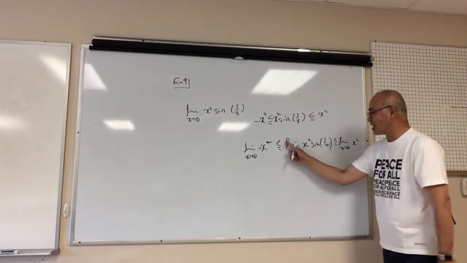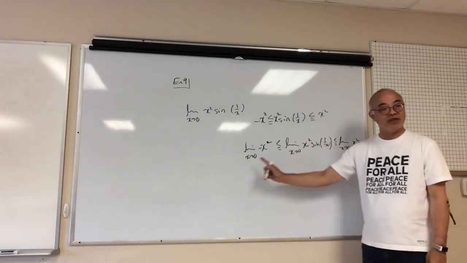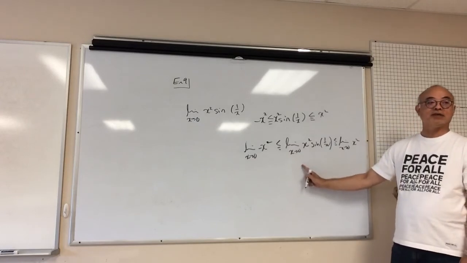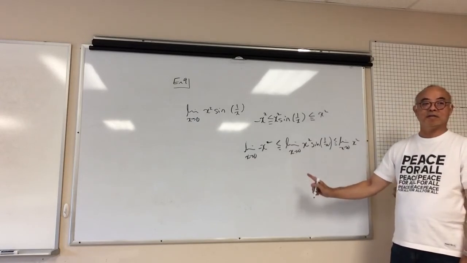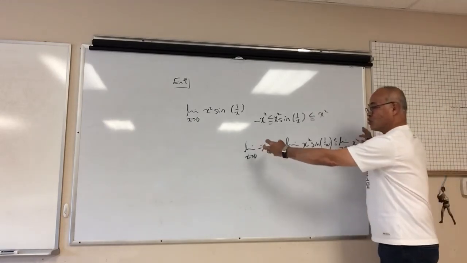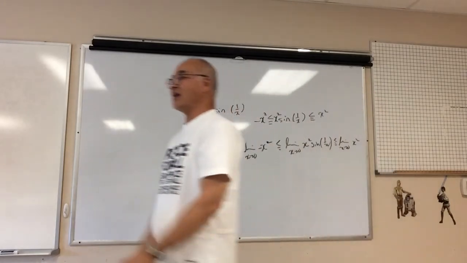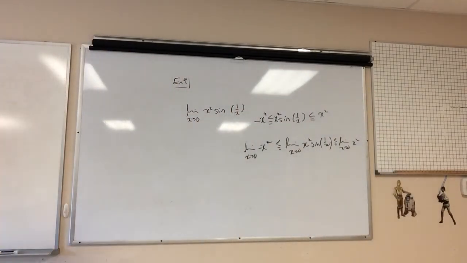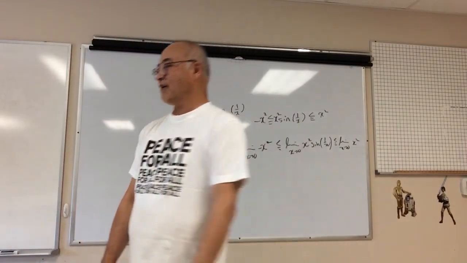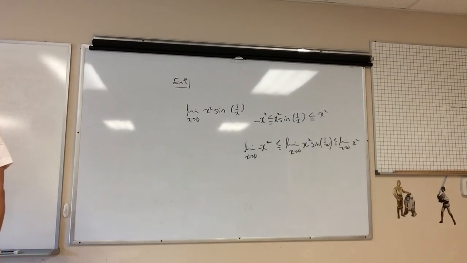So this guy is squeezed between this 0 and this 0, so therefore this can be nothing but 0. True 0. We are taking this guy and squeezing it from both sides, and that is why the theorem is called the squeeze theorem, right? But when you trace it, it doesn't equal 0.